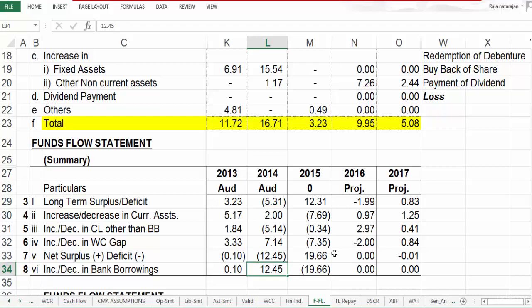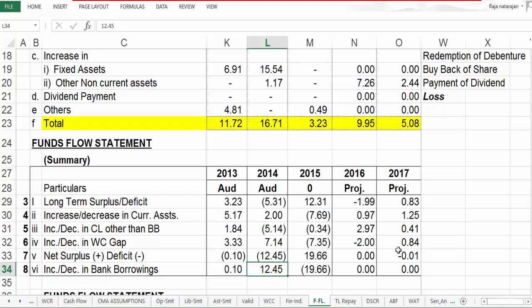What is the problem here? There is a severe problem for this banker. Why? The banker had given 12.45 crore for working capital purposes. Here when we say bank borrowings, it is basically cash credit. The bank borrowings that are captured in the fund flow statement are basically cash credit, a working capital facility.